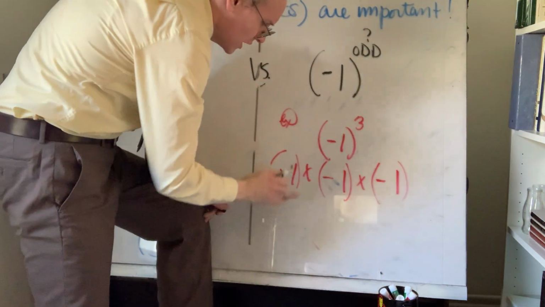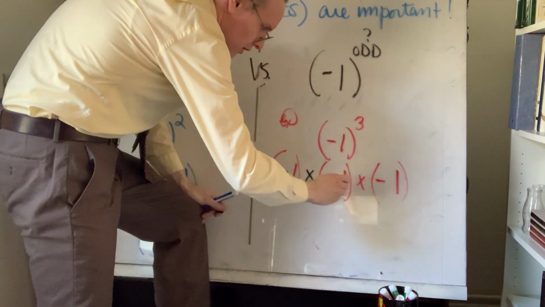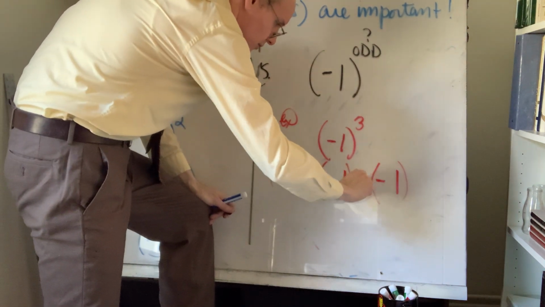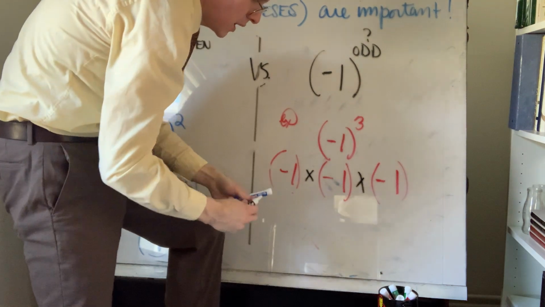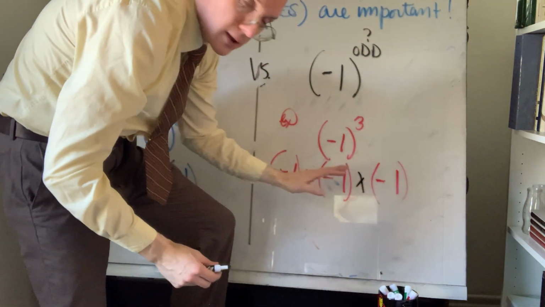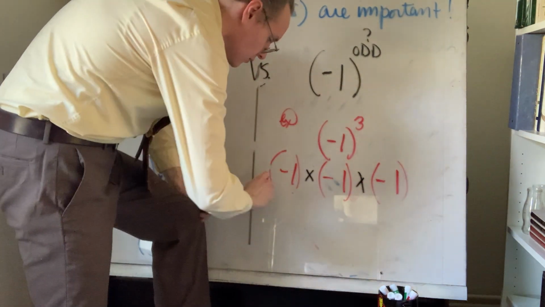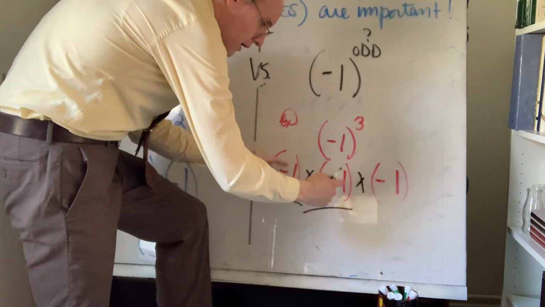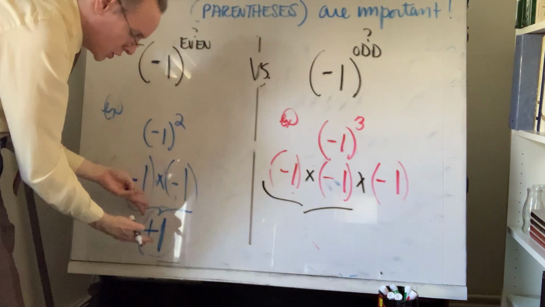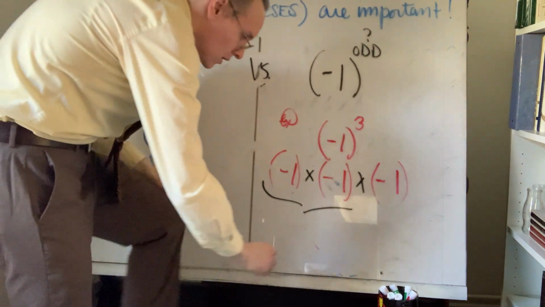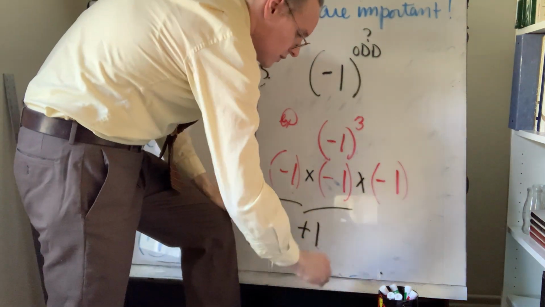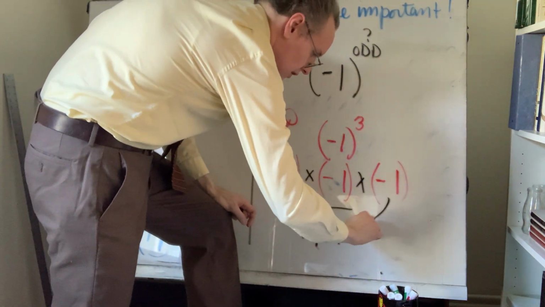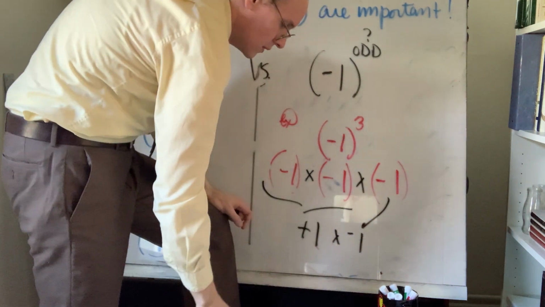So you have that option. Maybe if I put this in a different color, it'd be a little bit more obvious that this is multiplication. Now, work left to right. Do these two first. -1 times -1, we've already established, is +1. What is this times the leftover -1 here?